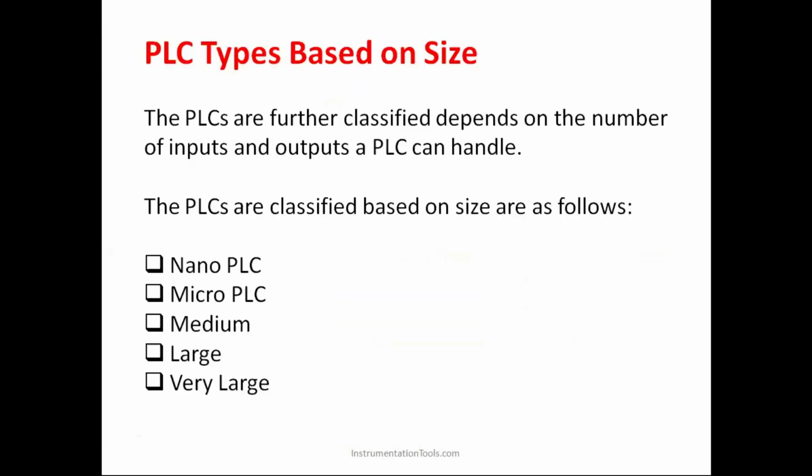So it is called the without SMPS type of PLC. In the next slide, we have already discussed all these things. Nano and micro PLCs are obviously the small series PLCs, then medium series and large series PLCs.